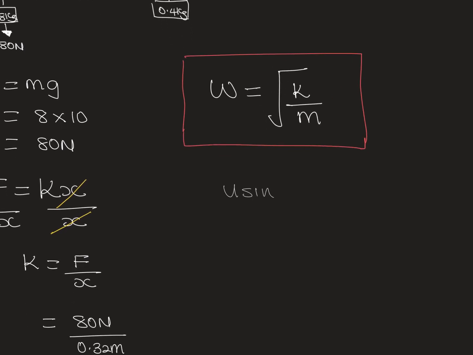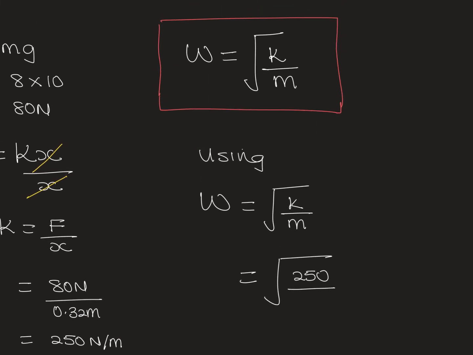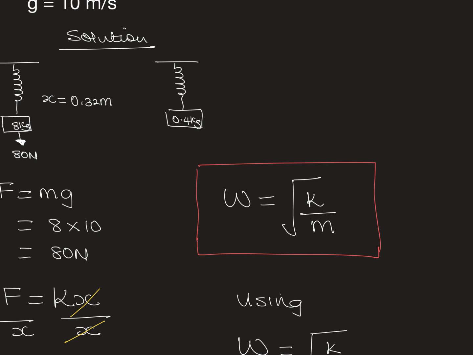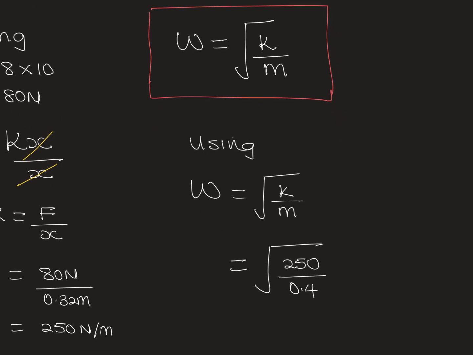Using this, angular frequency is equal to the square root of k divided by m. What is the spring constant that we have calculated? It is 250 newtons per meter, divided by the mass that is attached to the spring, 0.4 kilograms.